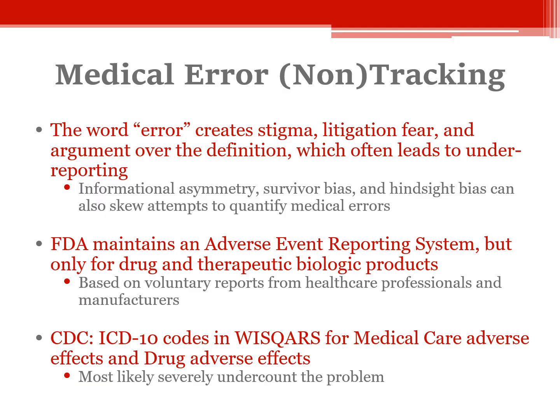In hindsight, yeah, maybe so, but at the time, with the information that everyone had, that might not have been anything that would qualify as a medical error. So these all skew attempts to quantify medical errors. Now, if you're wondering what kind of tracking systems exist at the federal level, not very much, honestly.